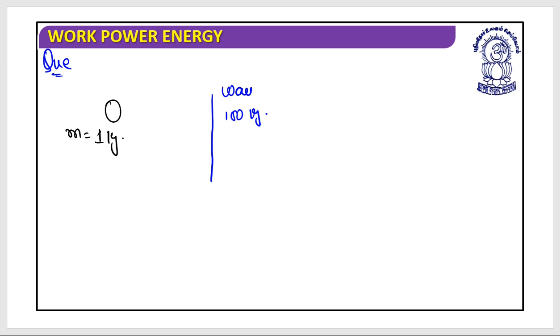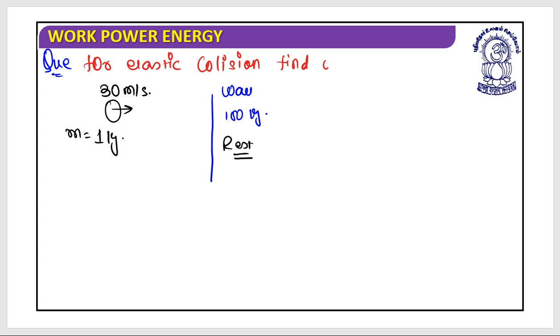Even though it is very heavy, we can still work with it. Its speed is 30 meters per second, and the wall is at rest initially. So the question is, for an elastic collision, find out the final velocities of the ball and the wall. Got it?